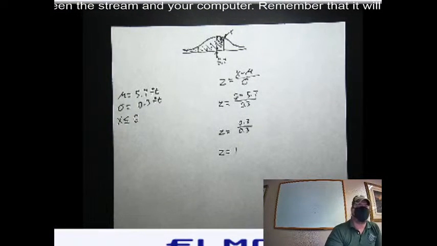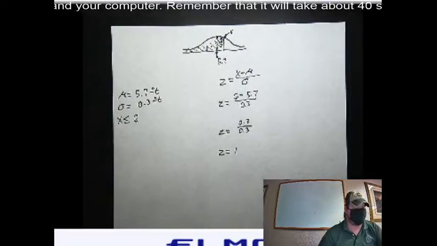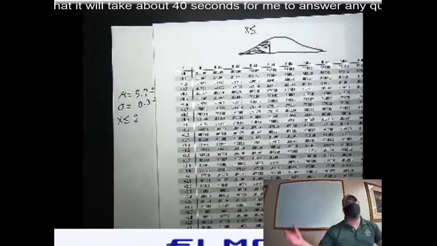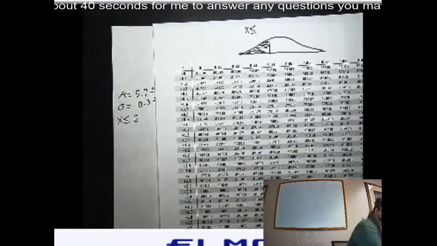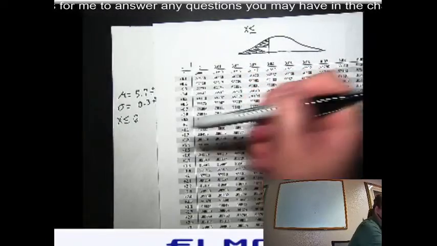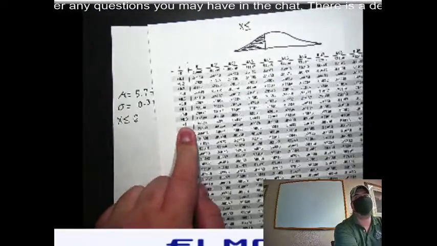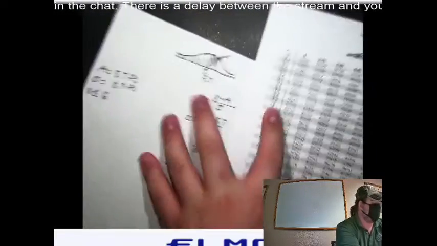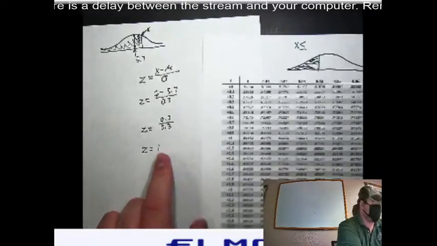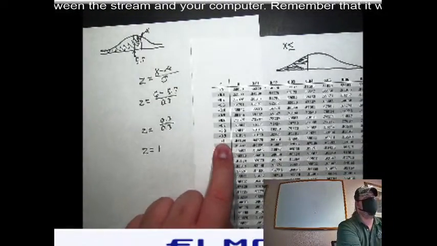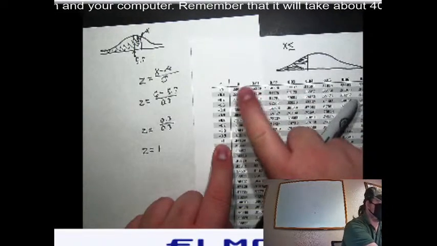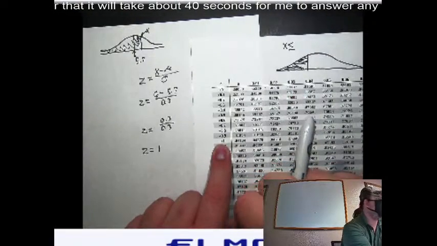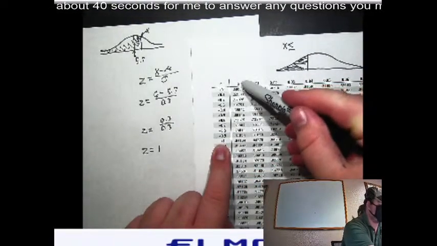So again, we need to look at our z-table and look up this score. Here's the z-table. We have a z of 1. We look down through here. There's 1. And what is the decimal that comes after 1? Do we really have a decimal after that? No. So what would be the next part? Is it 0, 0.1, 0.01, 0.02? Yeah, just 0. There's nothing that comes after that 1.